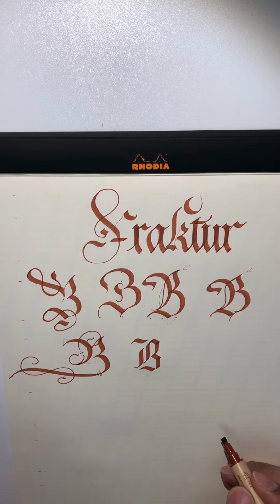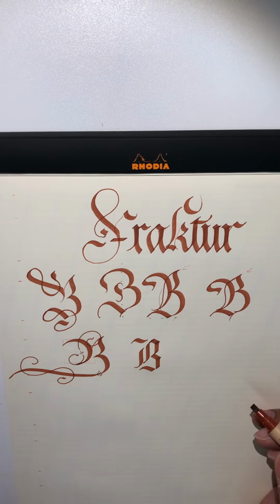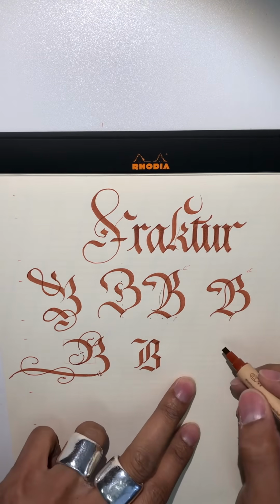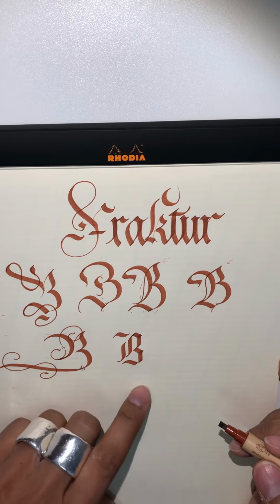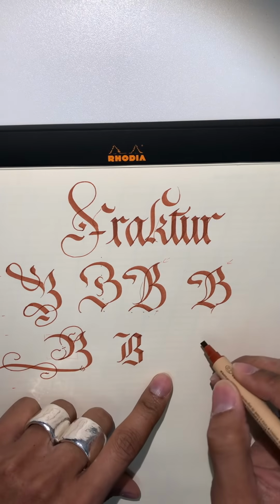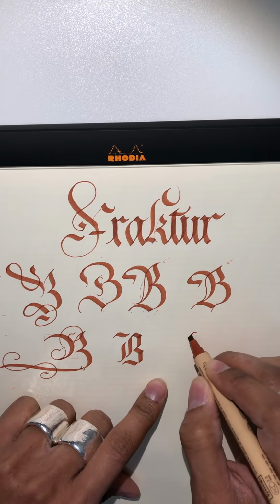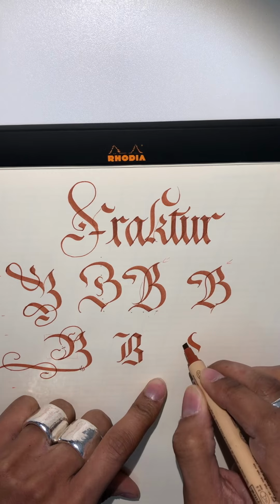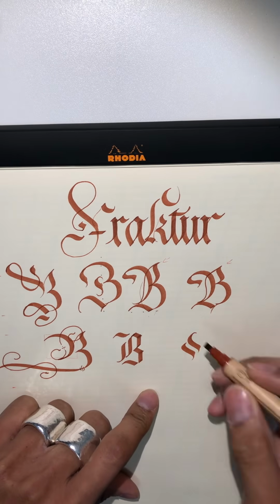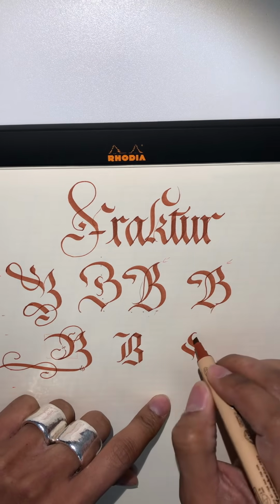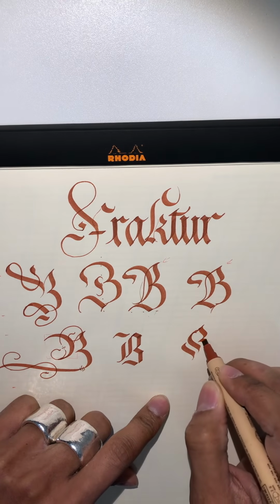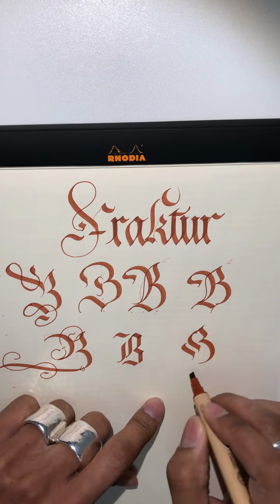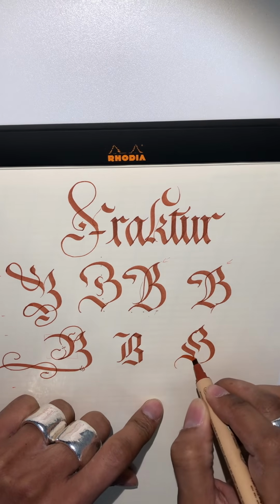And we can also use this kind of shape as a base for the backbone of the B. I'll just ignore the phone. So we can do this, and we can do it again. So that gives us a nice base, and then we can come up, down, and back, and out.